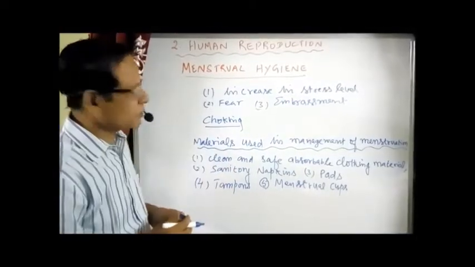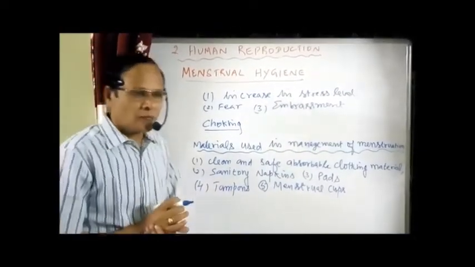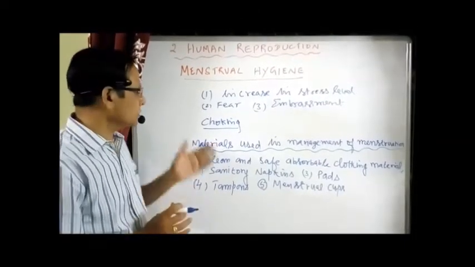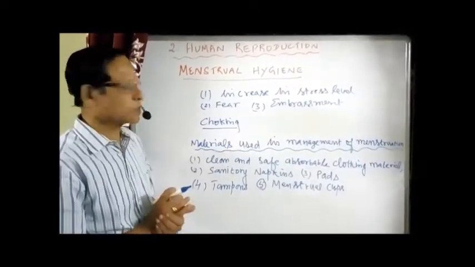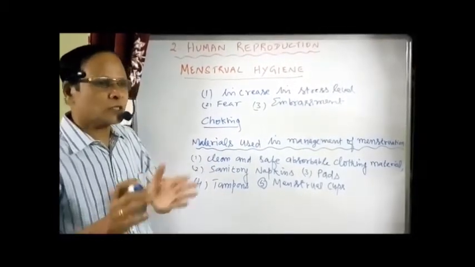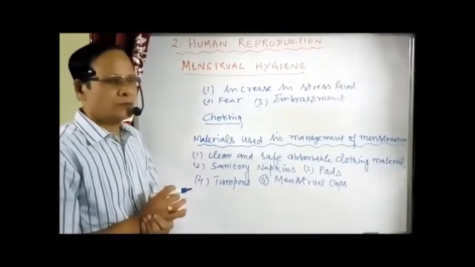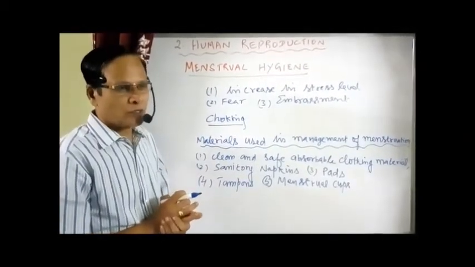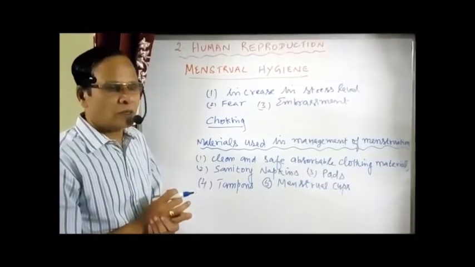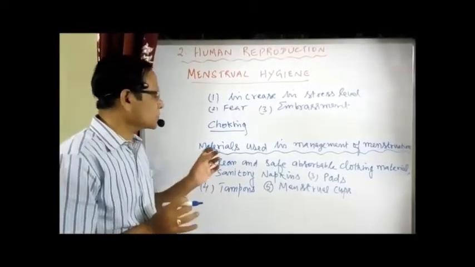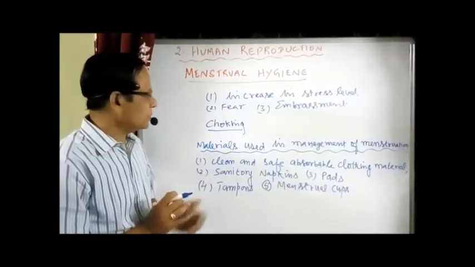So flushing sanitary napkins into toilet drainage pipes will cause choking of the drainage line, which leads to water pollution. So the used sanitary napkins should not be thrown into open areas or into the drainage pipes of toilets. These are the things to be followed by a female.